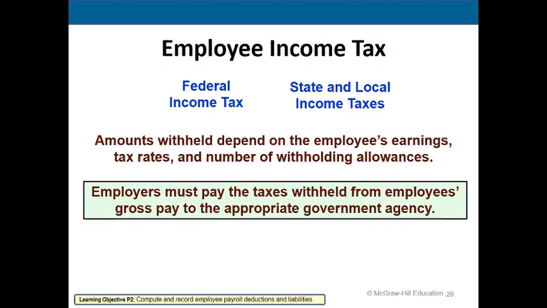Again, the employer has to withhold these and pay them over to the federal or state and local government the amount that's due them. And so this would be federal income taxes payable, or state income taxes payable, or local income taxes payable.